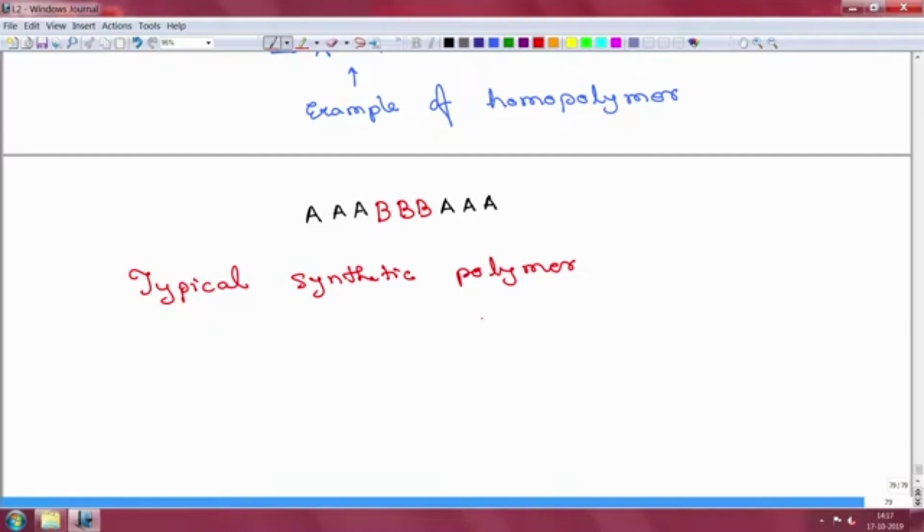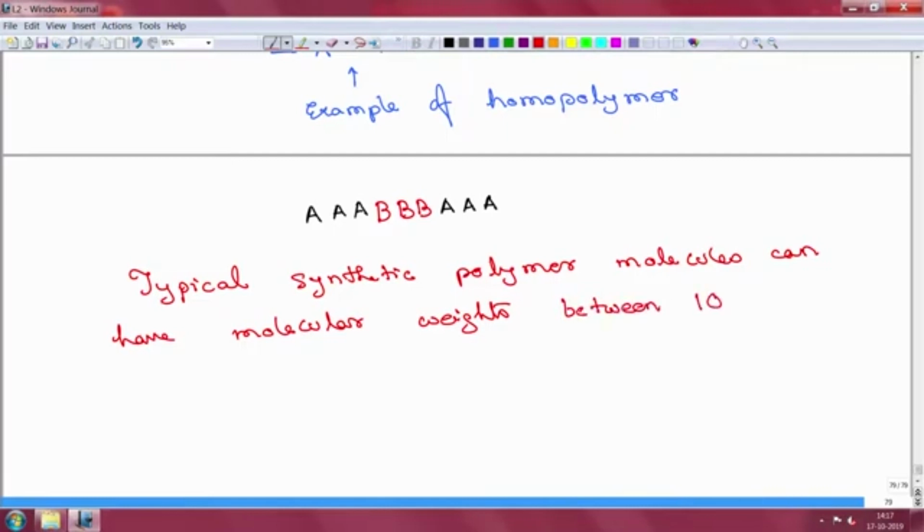So, typical synthetic polymer molecules can have molecular weights between, let us say, 10,000 to easily a million or even more at times, in grams per mole.